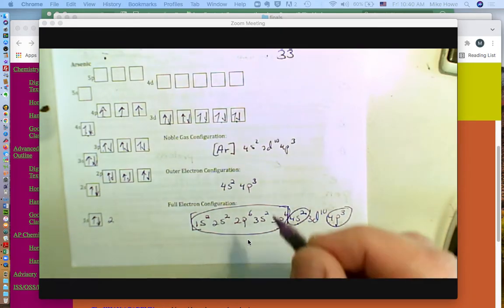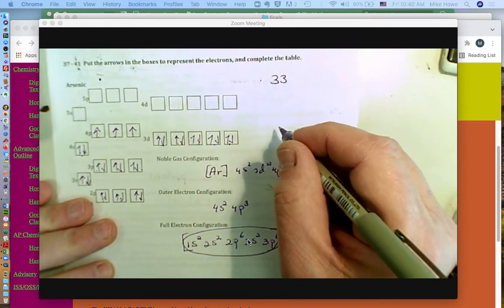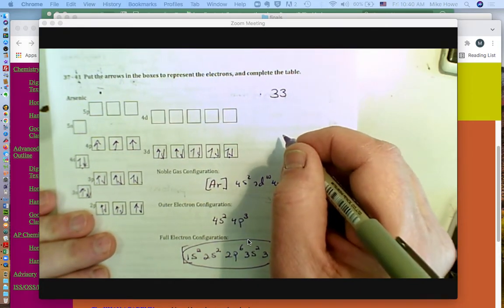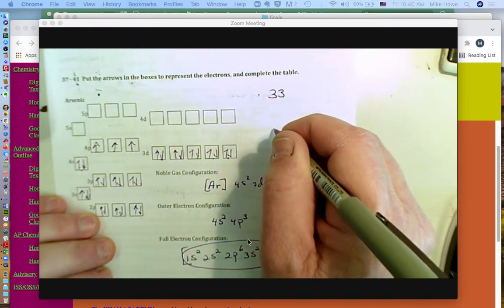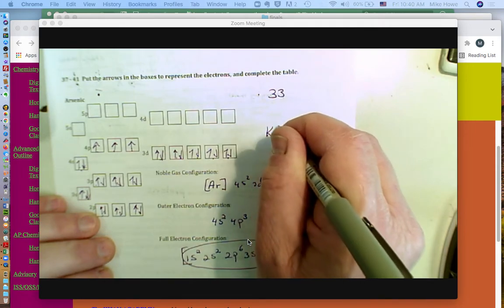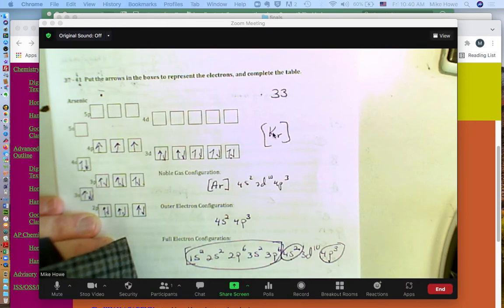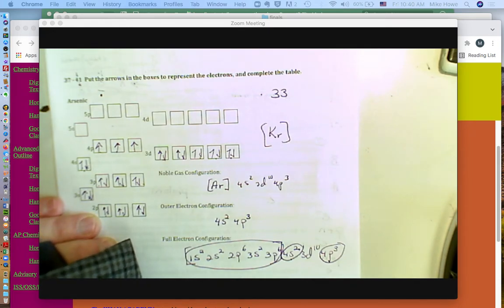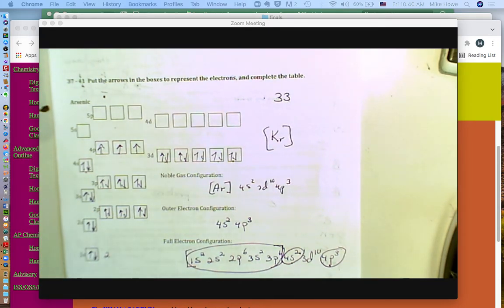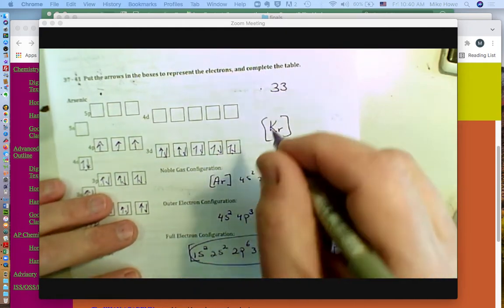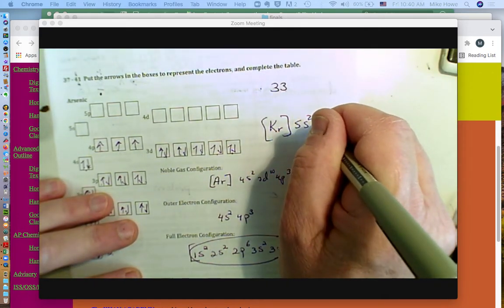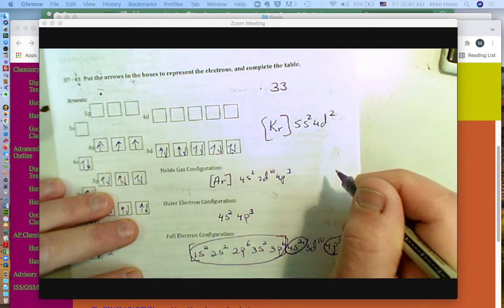All right. So if I gave you this symbol, just a little extra bonus since you're watching this video, if I said this, Kr 5s2 4d2. What element would I be talking about?